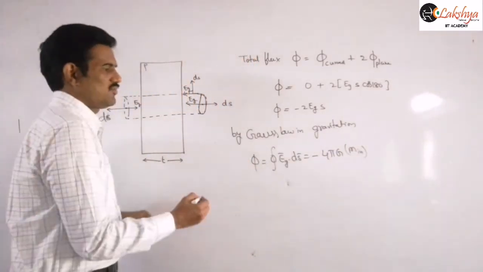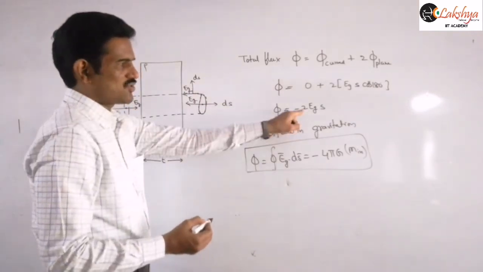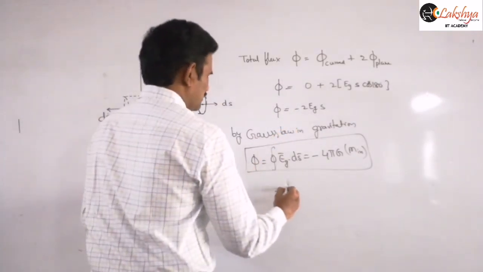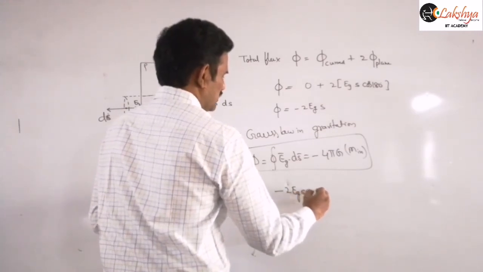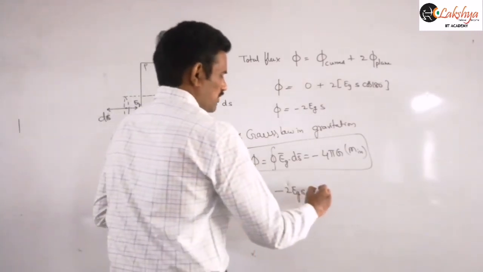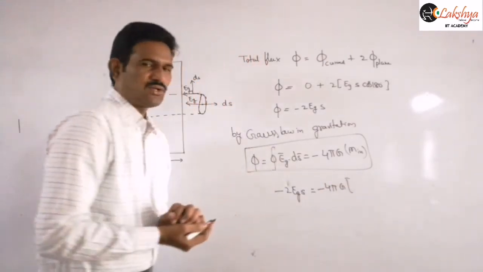Let us use this formula here. This flux calculation we already did, so minus 2 Eg S is equal to minus 4 pi G into the mass enclosed, which we need to write.